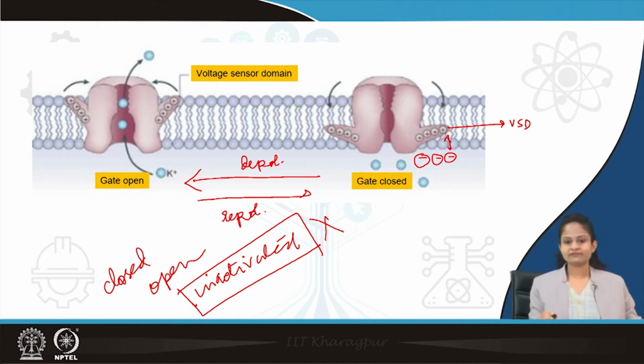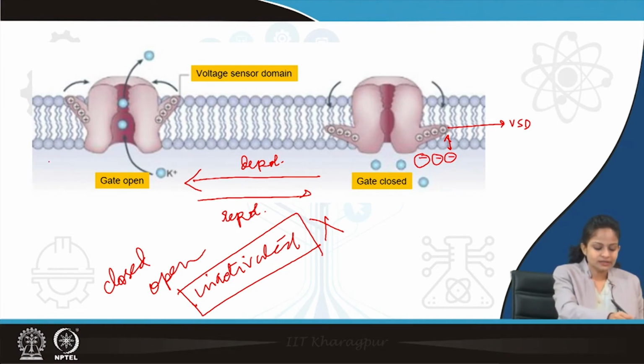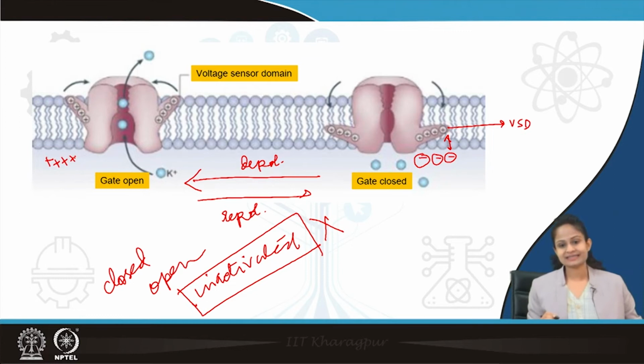This attractive force will keep the gate closed, but whenever there is depolarization, there will be electropositive charges inside the cell because of the influx of ions.